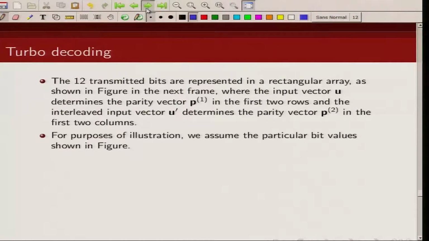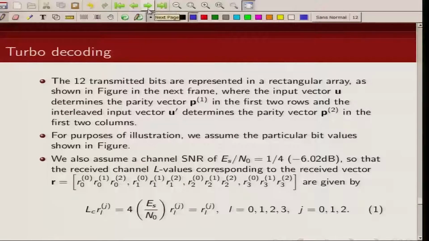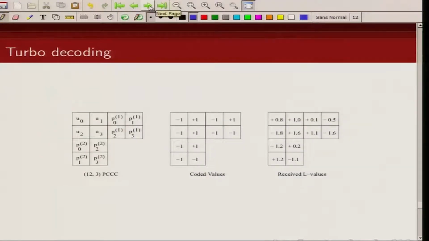I am assuming a channel of 1/4, so the channel reliability factor Lc will be basically 1. So, Lc times the received value in my case would be the same as the received value for this particular signal-to-noise ratio. This is just a toy example to illustrate how this decoding works.